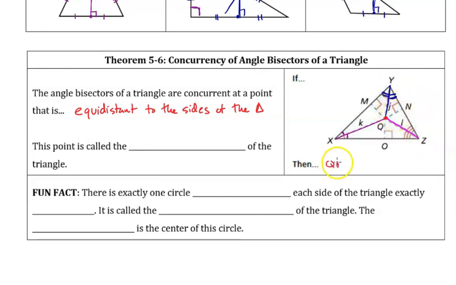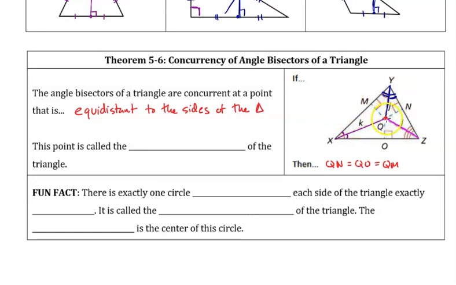That length, QN, would be equal to QO, because QO is the distance from Q to this side of the triangle, because segment QO is perpendicular to segment YZ. So QN is equal to QO. It's also equal to QM, because you can see that segment QM is perpendicular to segment XY.